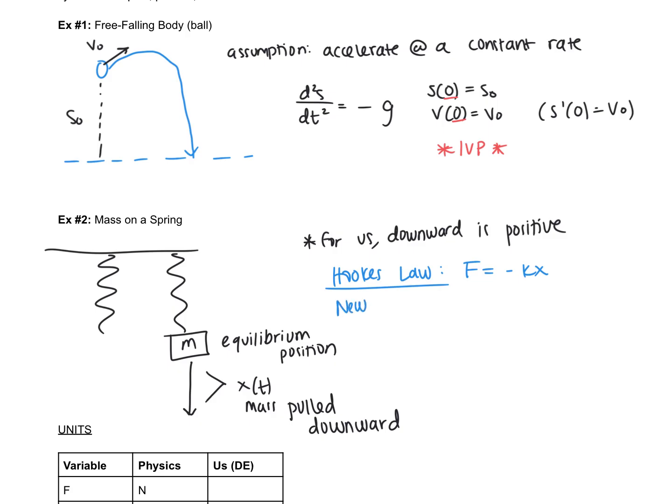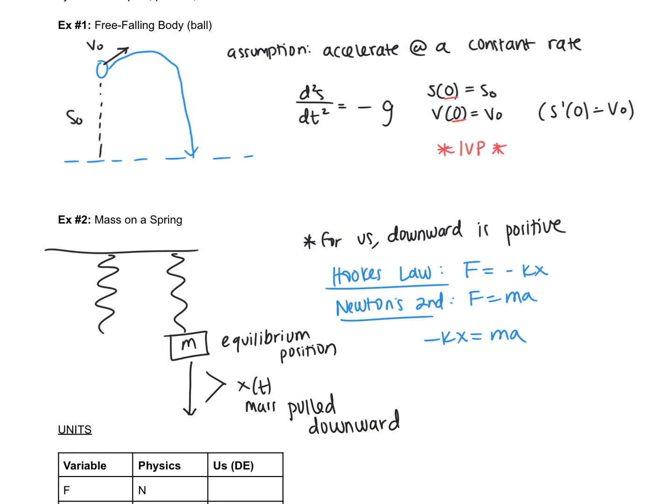Then we're also going to have to take a look at Newton's second law, which is F equals ma. Okay, so if we set those equal, we get negative kx is equal to ma. So we have to think of what are we trying to get to? We are trying to get to a differential equation.